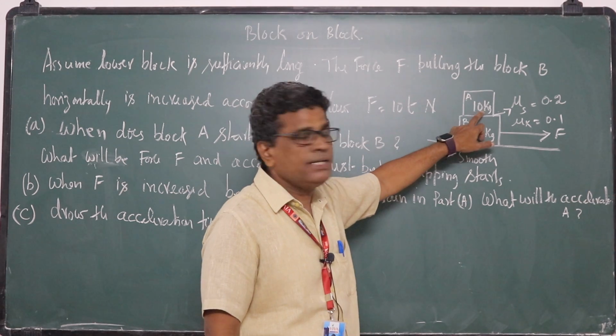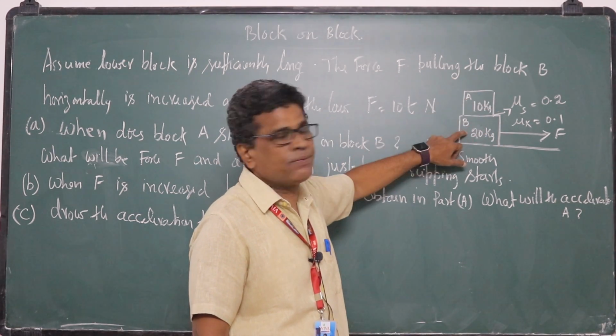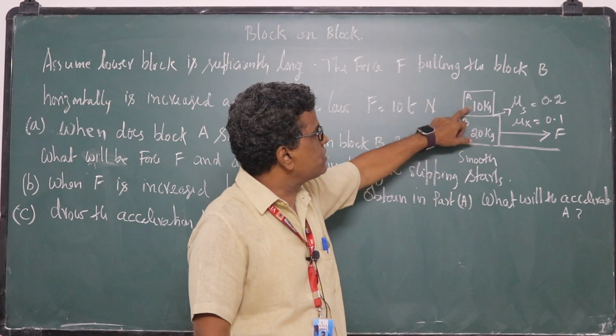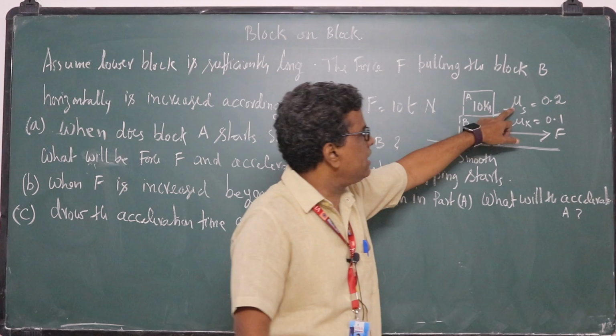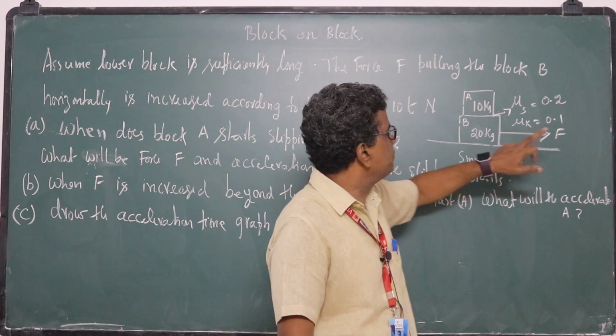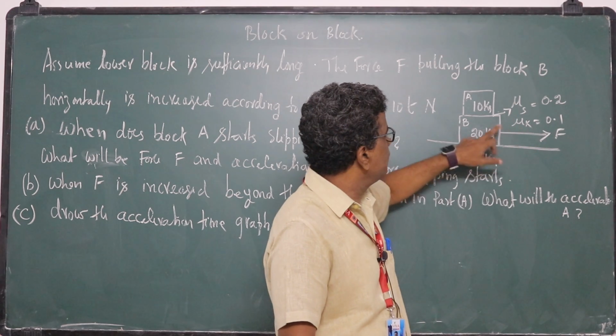Block A has mass 10 kg, which is placed on block B. There is a frictional force between blocks A and B. Coefficient of static friction is 0.2. Coefficient of kinetic friction is 0.1.